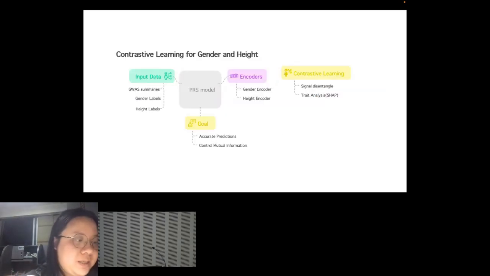The first one is a nonlinear PRS model that uses GWAS summary data and gender and height labels as input, and the training objective is to get accurate prediction and control mutual information, and then we can get gender and height encoders according to different control. And the second part is to get explanation from the trained encoder representation, and then we can find which SNPs are important for the complex trait, like human height.